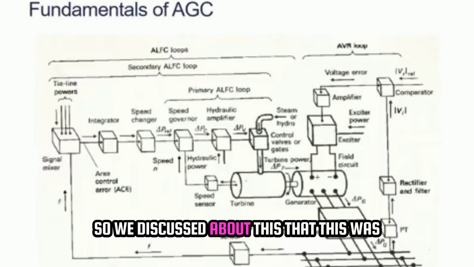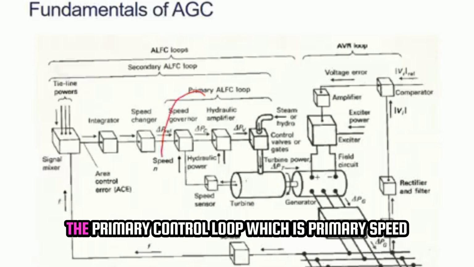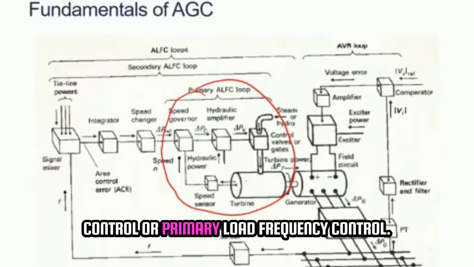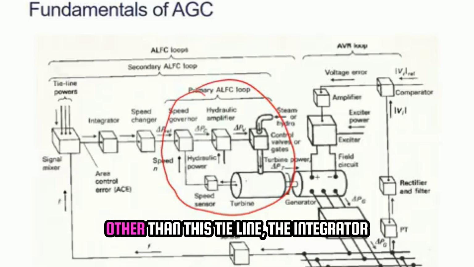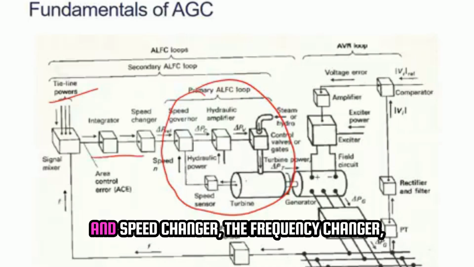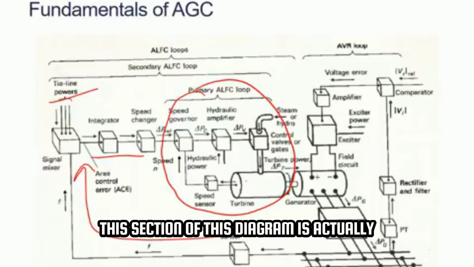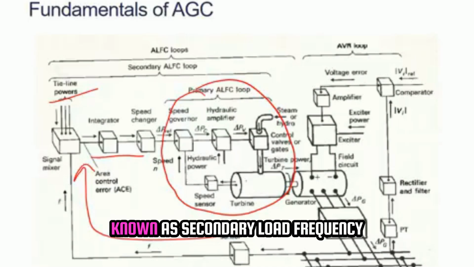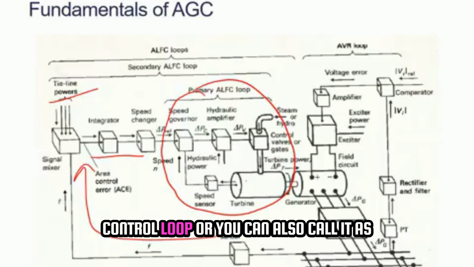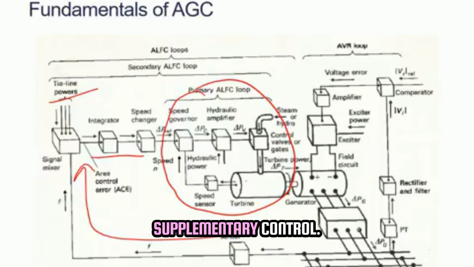We discussed that this was the primary control loop, which is primary speed control or primary load frequency control. Other than this, the tie line, the integrator and the speed changer, the frequency changer, all participate in AGC. This section of the diagram is the AGC, also known as the secondary load frequency control loop, or supplementary control.